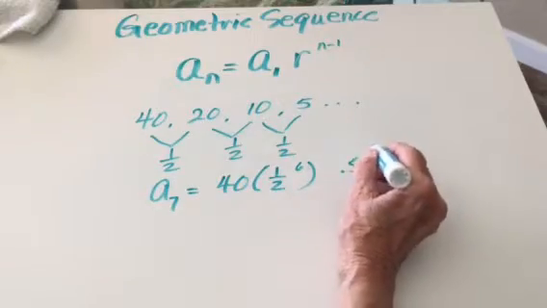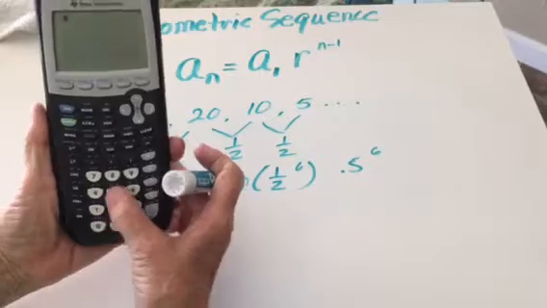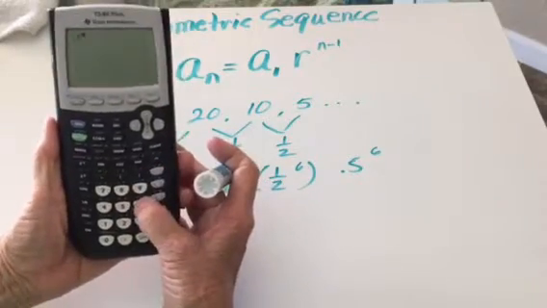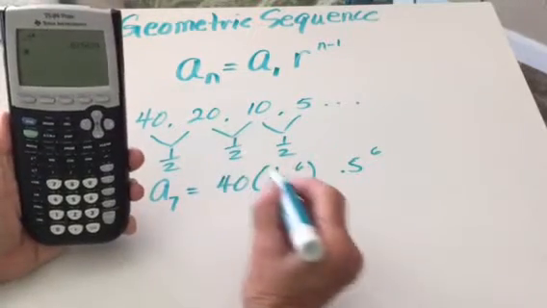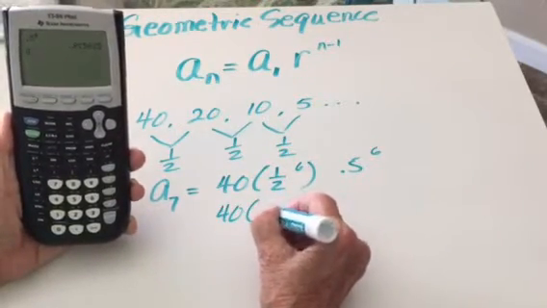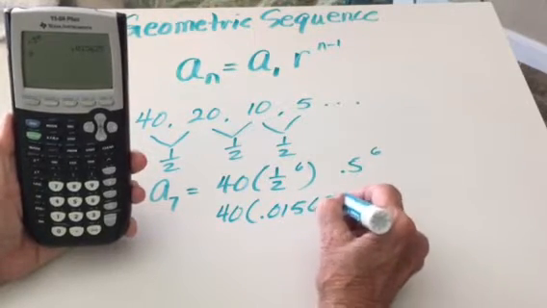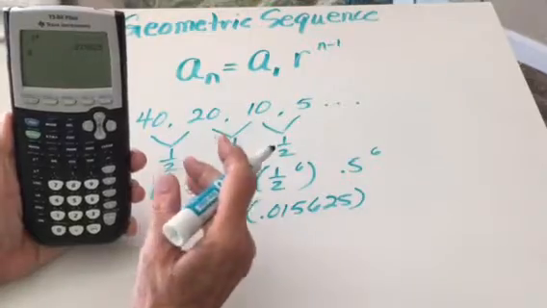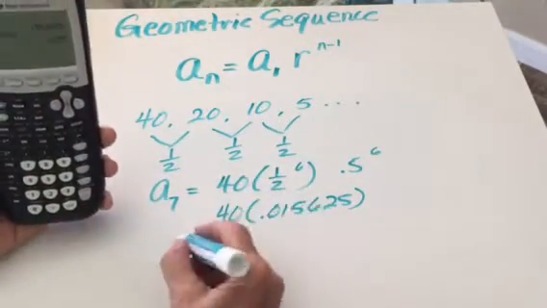It's easier to go like this. So 0.5 to the 6th power in my calculator equals 0.015625.